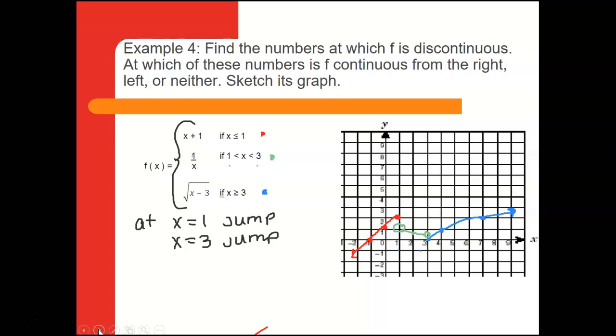And then it says, at which of those numbers is f continuous from the right, left, or neither? So we have to look at the limit as x approaches 1 from the left, and the limit as x approaches 1 from the right.